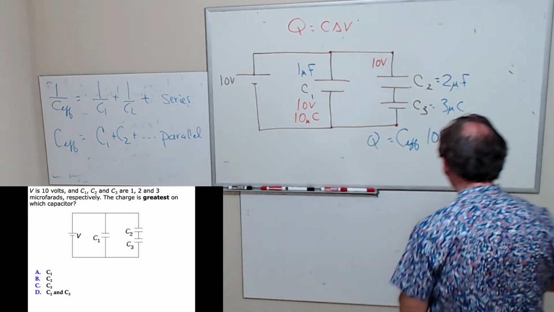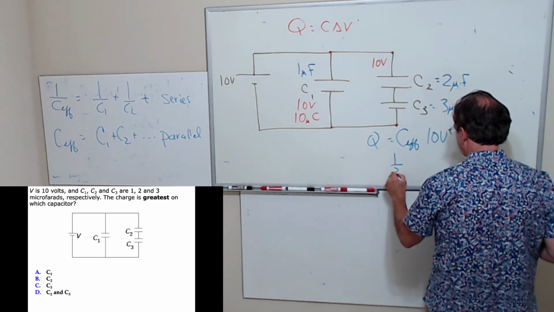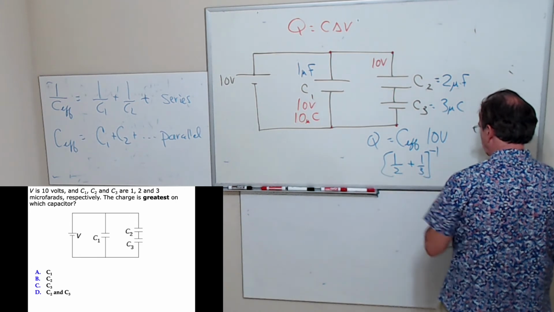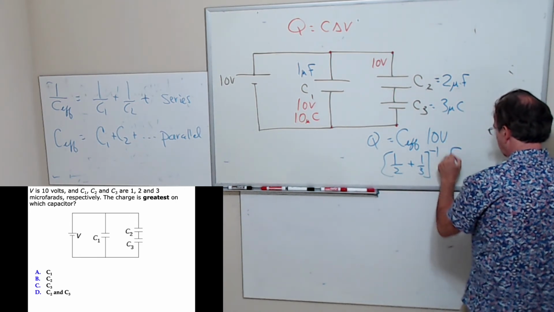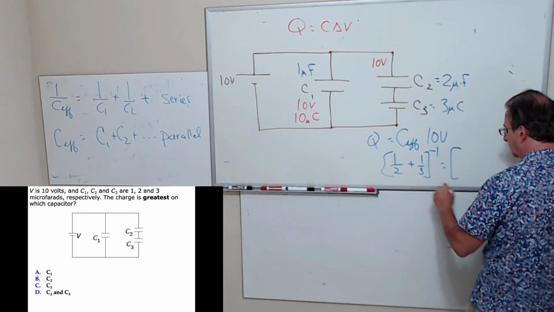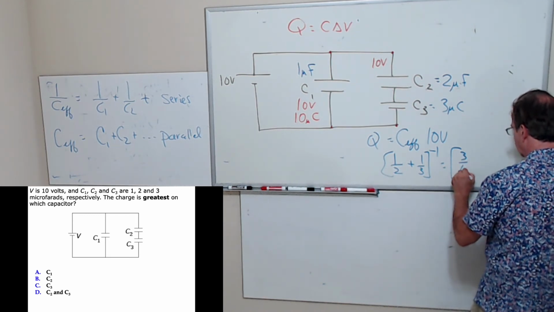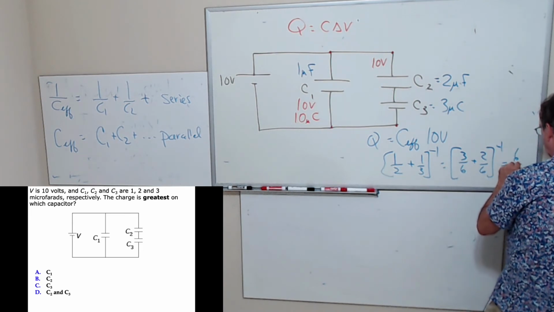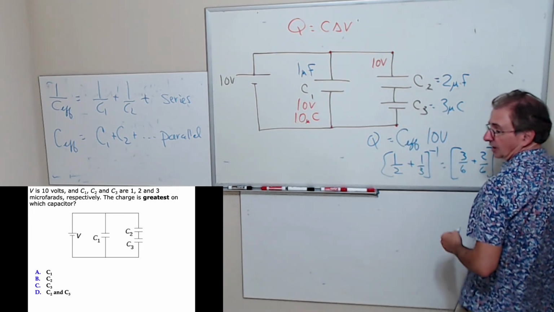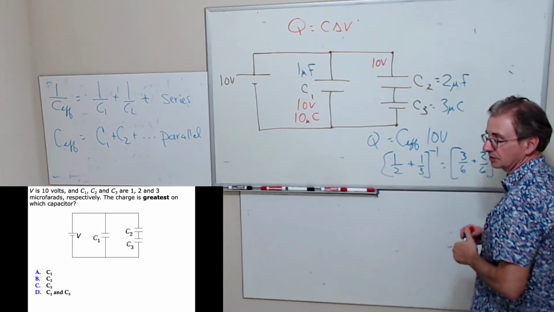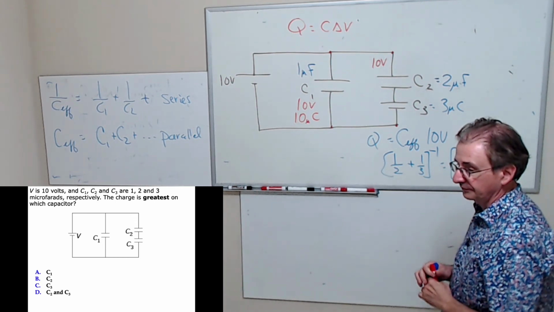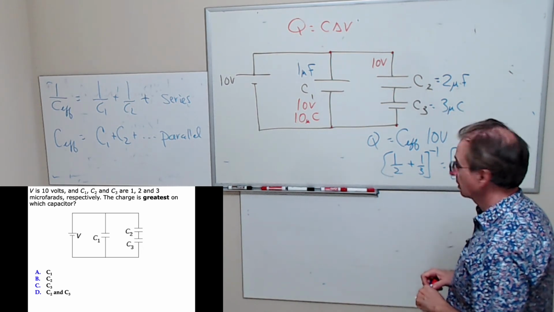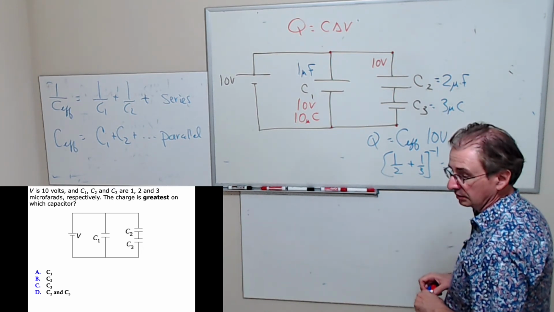All right, so I do 1/2 plus 1/3 minus 1. Common denominator is 6. This combination has a higher capacitance, it's going to have more charge. Both of these are going to have the same charge on them in series. So the answer is D.